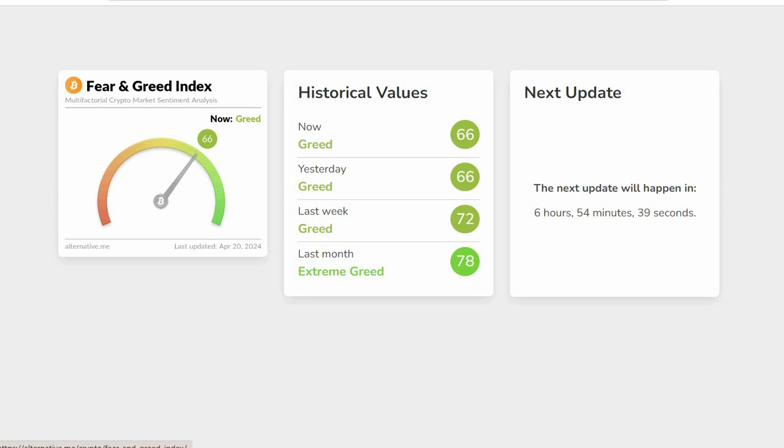Even after this correction, we haven't seen much fear, right? So imagine that happens, we can see even better prices for Shiba Inu to accumulate, even lower prices. But we'll see what happens. We can have another leg up in a bull market, and then have another correction that will put fear or extreme fear, but with the same levels of prices, if you know what I mean.